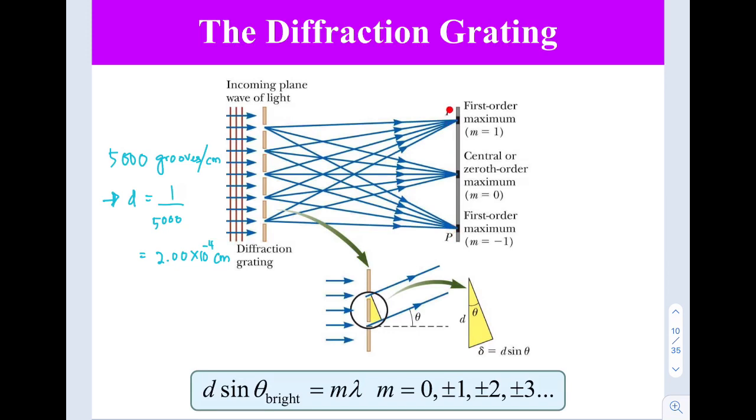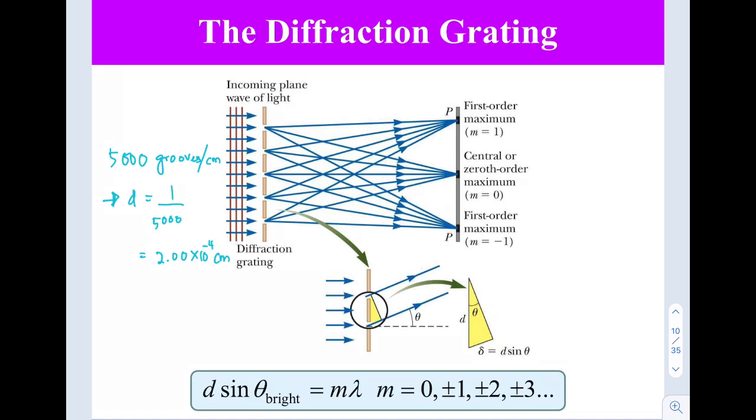The pattern observed on the screen far to the right of the grating is the result of the combined effect of interference and also diffraction. Each slit produces diffraction, and the diffracted beams interfere with each other and produce the final pattern projected on the screen.